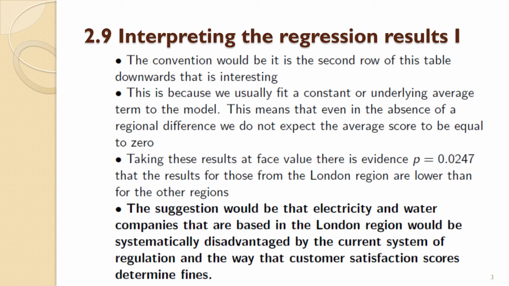So this has implications for the industrial problem at hand. The suggestion would be that electricity and water companies that are based in London are systematically disadvantaged by the current system of regulation and the way that customer satisfaction scores determine fines, precisely because results suggest there is this regional bias.